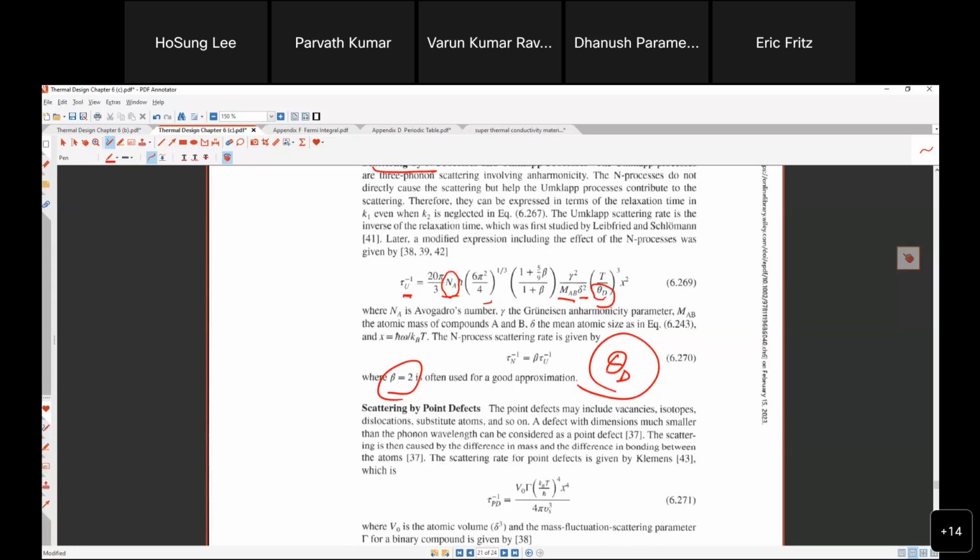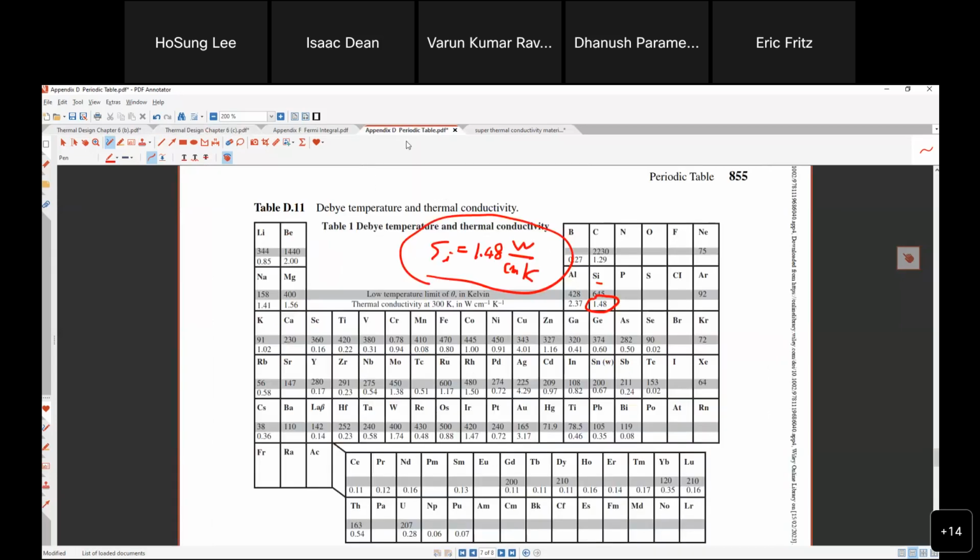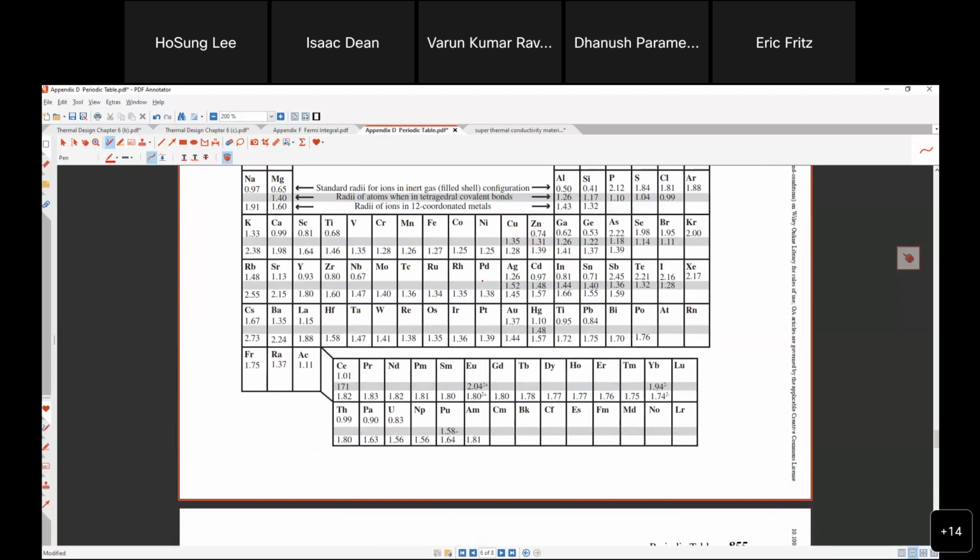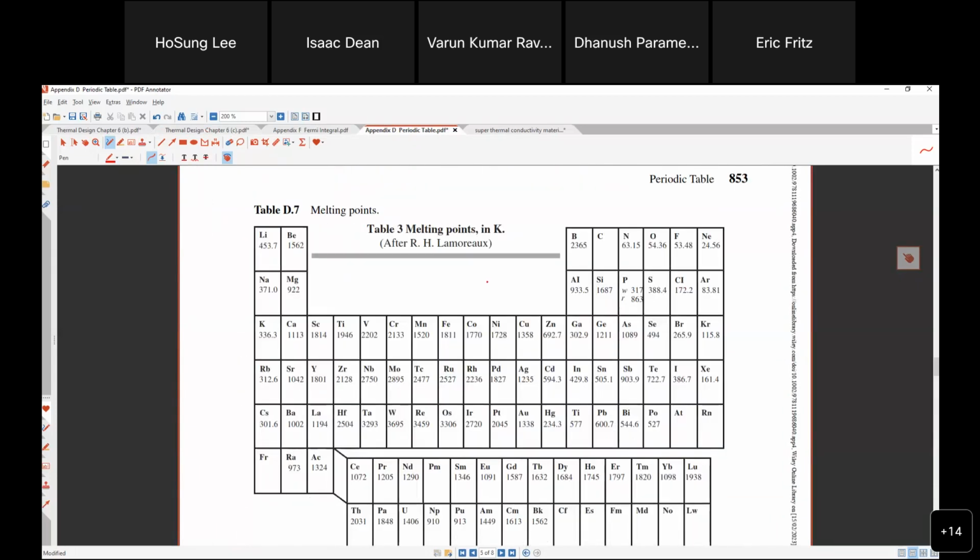What temperature? No one answers. Room temperature? What is the name of theta? The Debye temperature, however you pronounce it. Yes, Debye temperature, okay? The Debye temperature is very important. You can find it here, somewhere.